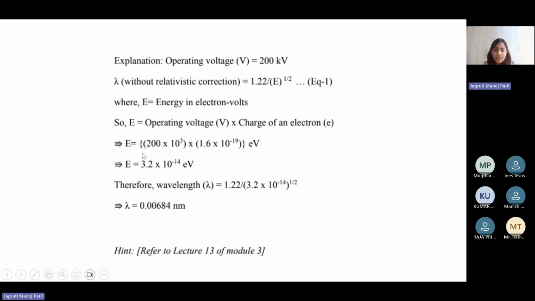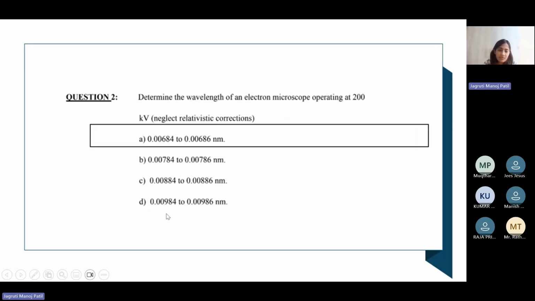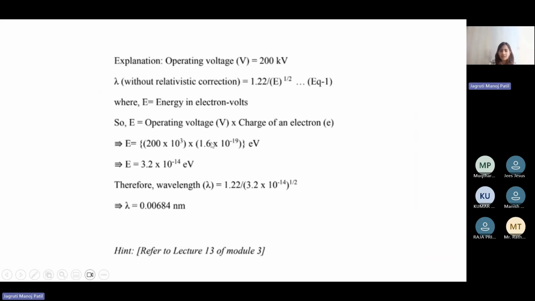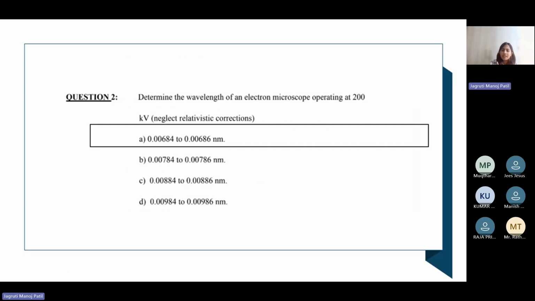So you compute the electron energy, one charge times your operating voltage, and you get the wavelength. Inverse of it, you get like this many nanometers of wavelength. Okay. So probably only in these significant digits the correction factor will affect it. And again, the question also says to neglect the corrections, but better if you do it both ways. Okay.